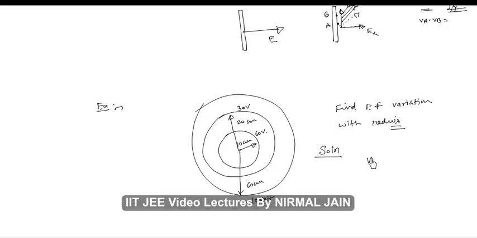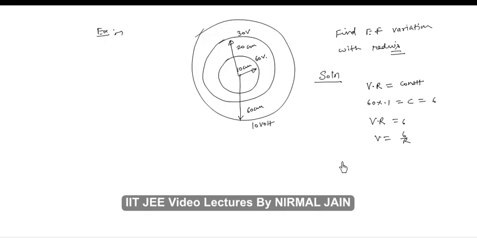So the product of potential and radius is simply constant. I can find the value of this constant by 60 into 10 centimeters, simply 0.1 meter. So that constant C becomes equal to 6. So I can say that always the product of potential and radius is 6. So potential will be 6 by r.